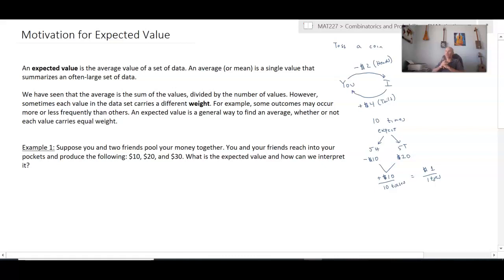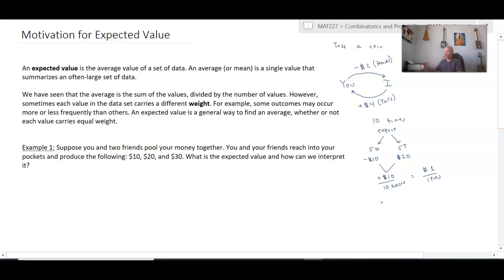And that's not bad, right? So every time you play, on average, not every time, sometimes you're going to lose $2 or you're going to gain $4, but if you took out your winnings and you spread them across all of those 10 tosses, you really gained, on average, $1 per toss. So the average of these two values is really just negative 10 plus 20 divided by 10.